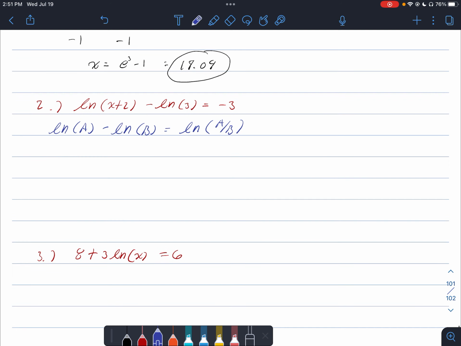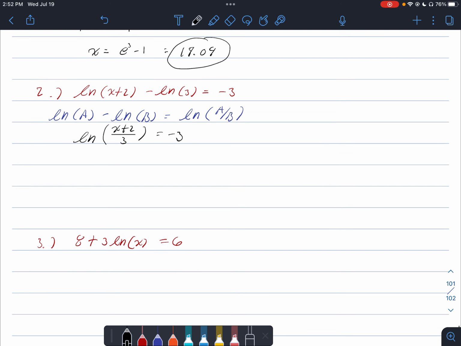Knowing that, we can write ln of x plus 2 minus ln of 3 as the natural log of x plus 2 over 3, and that'll be equal to negative 3.